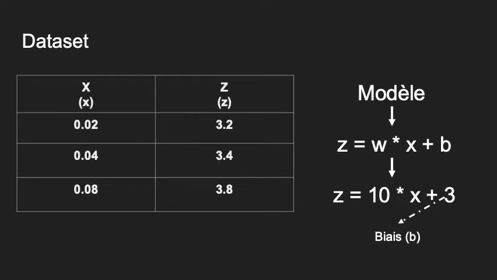This is a slightly more complicated example. Here, instead of representing z by w times x, we represent it by w times x plus b, which we usually call bias in machine learning. The goal here is to find a good value for w and a good value for b. Just by looking at the data set, we can see that the best values are 10 for w and 3 for b.